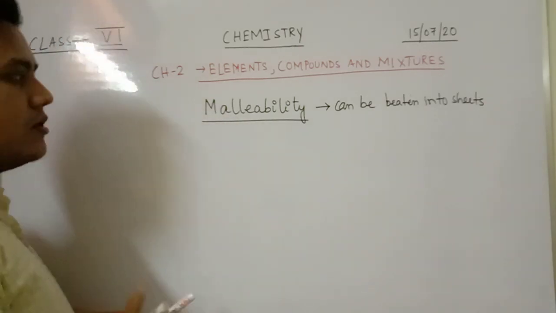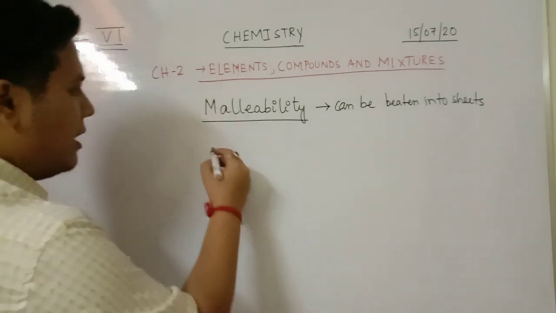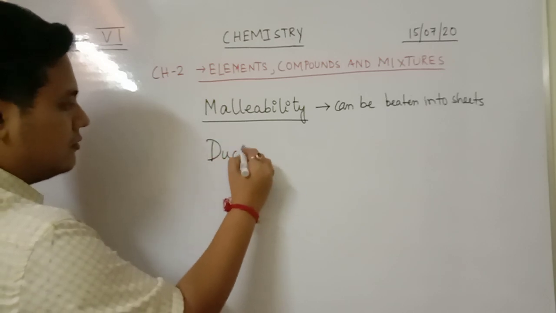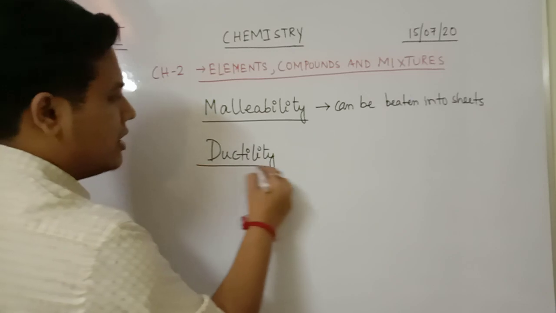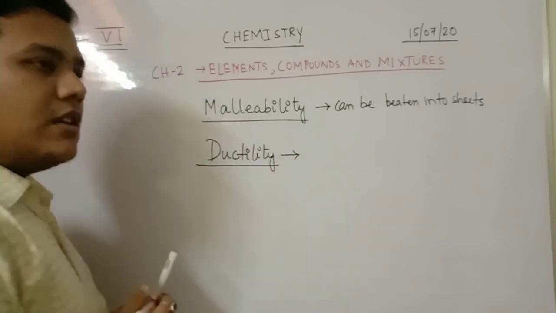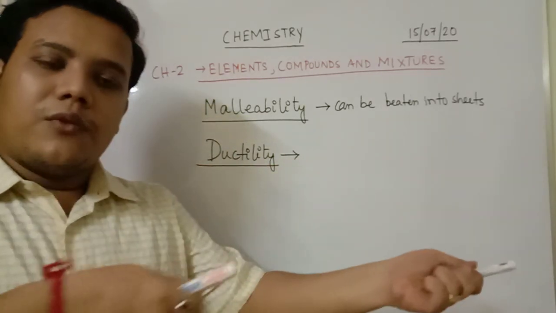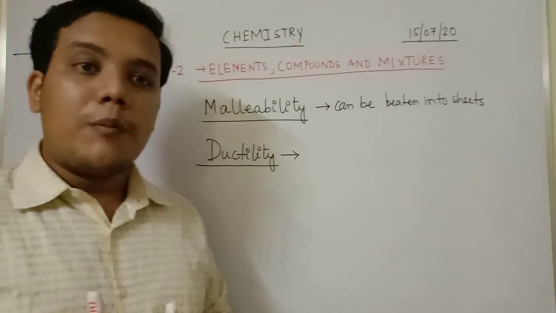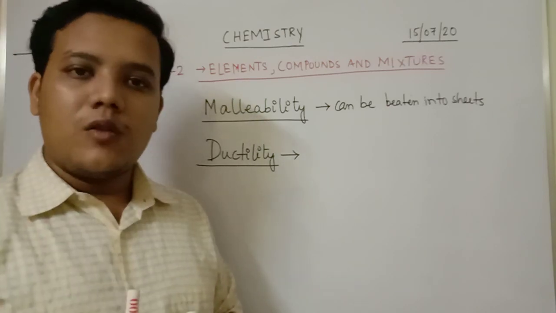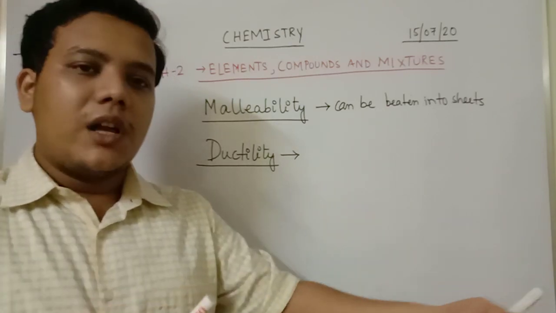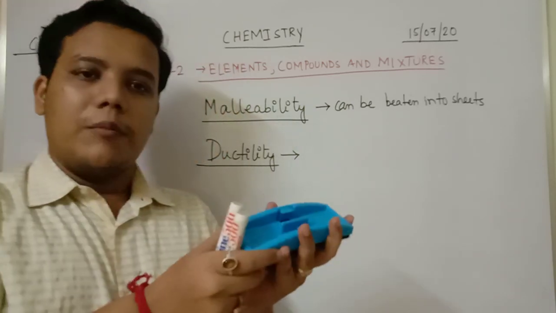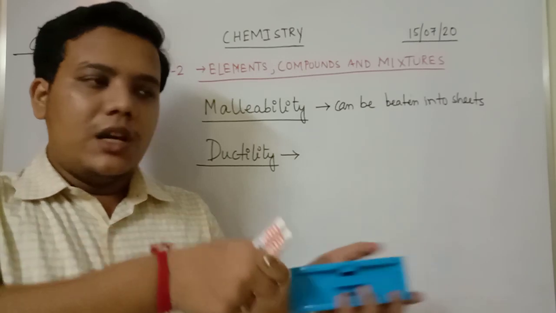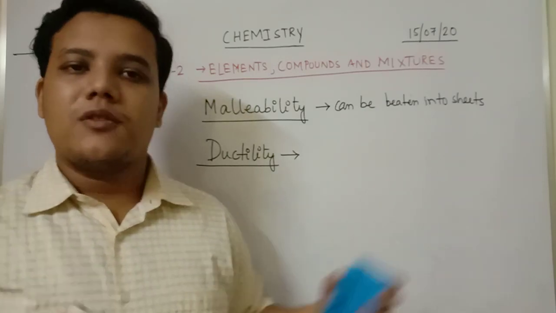Next we are coming to the property ductility. Ductility means you can stretch any element to form a wire. You have seen the copper wires through which the electricity at our home comes. Suppose if I give you a bunch of copper, if you try to stretch it, it will become a small piece of wire.